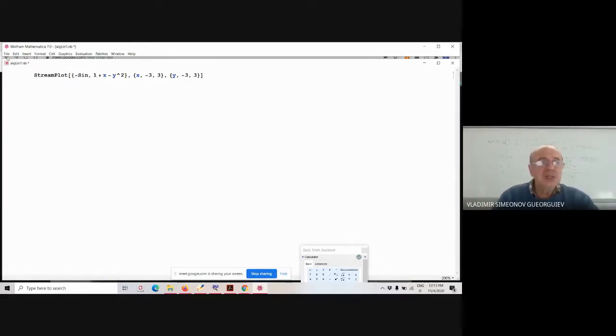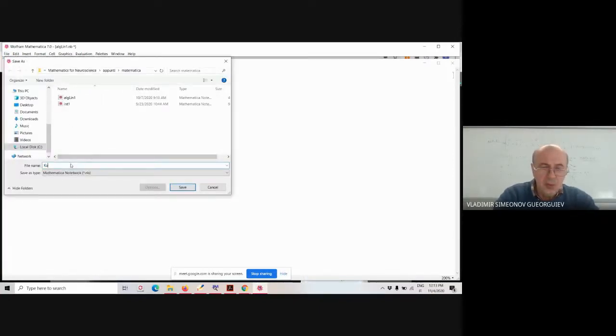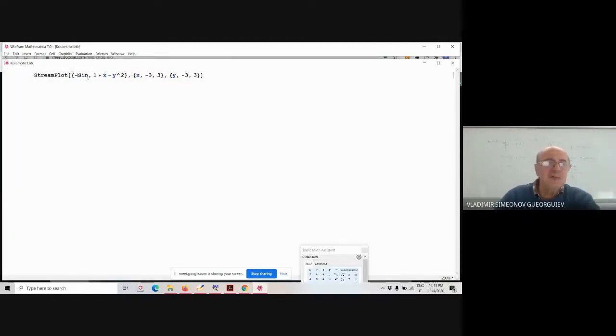We shall call this file Kuramoto 1, because we shall have several simulations. Our theta 1 and theta 2 in this case shall be x and y. So we have minus sine of x minus y. And the other one was sine of x minus y.